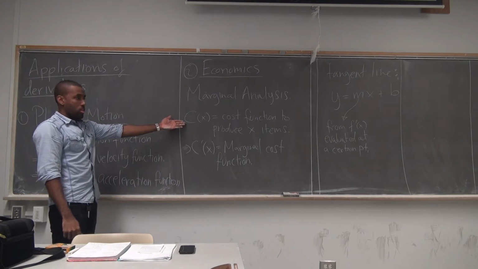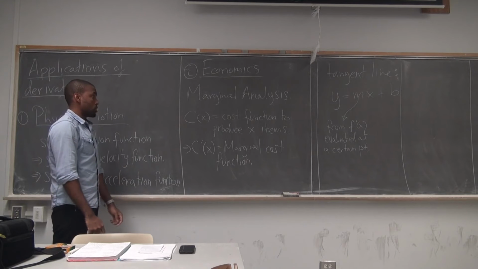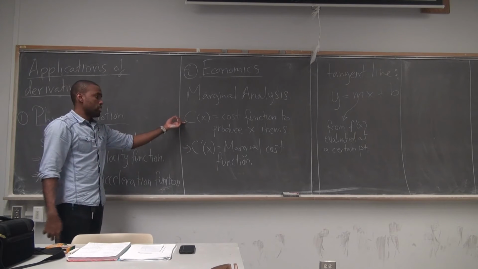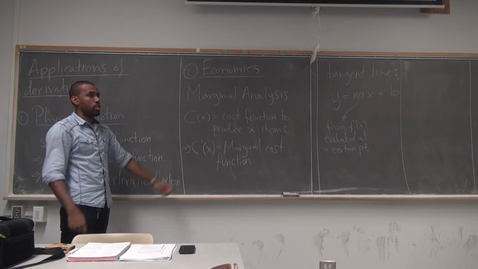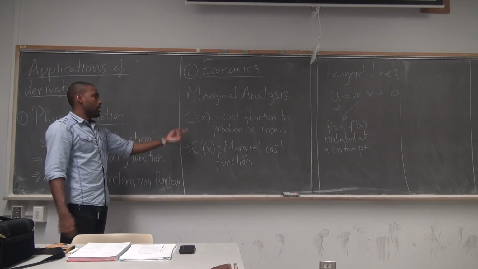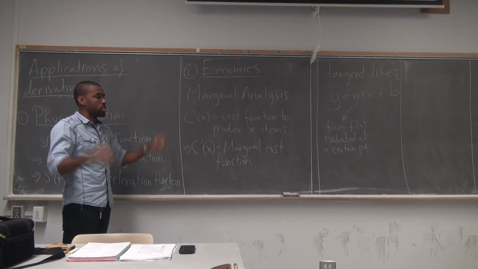And this would apply to other functions in economics that you care about. If you have a function for revenue, you take the derivative, you get what's called the marginal revenue. Or if you have a function for profit, you take a derivative, you get the marginal profit.